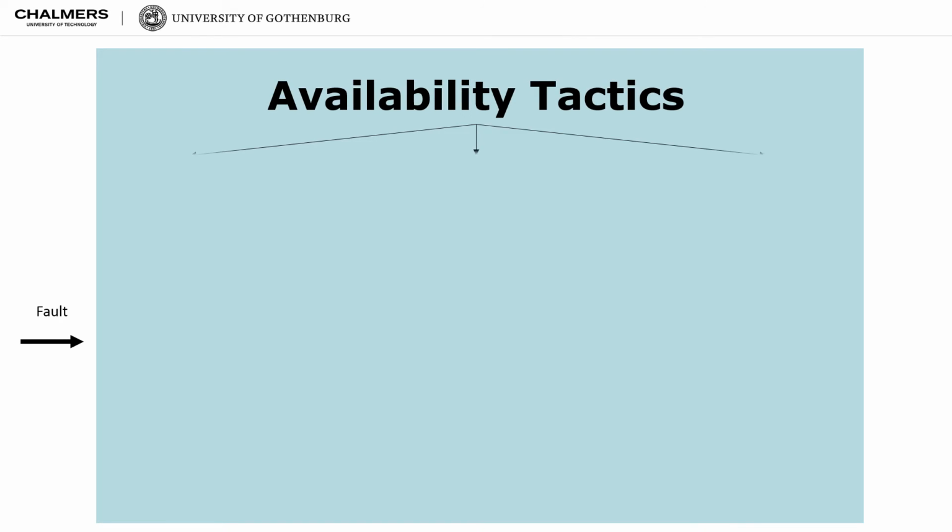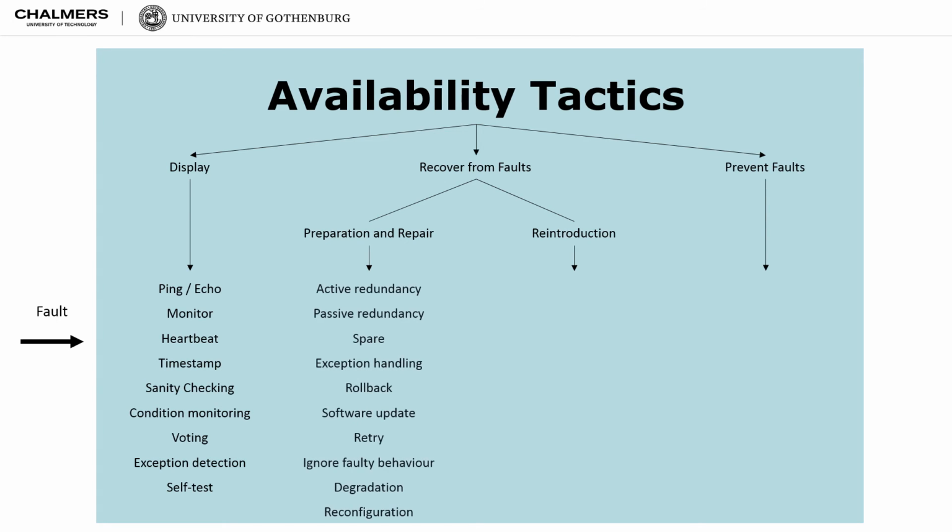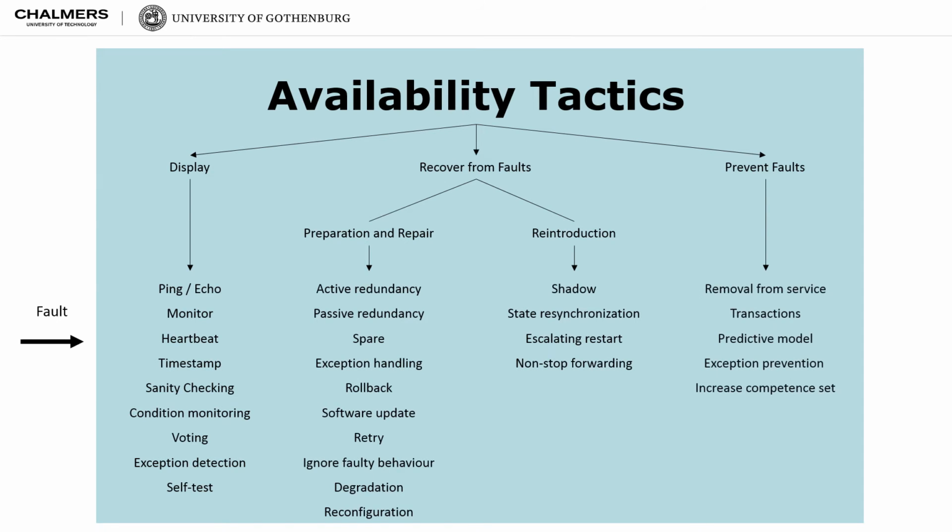The categorization of availability tactics is depicted in the figure shown on the slide. As illustrated, availability tactics are categorized according to whether they detect faults, recover from faults, or prevent faults. Fault detection or anticipation is an important step before any system can take action regarding the fault.